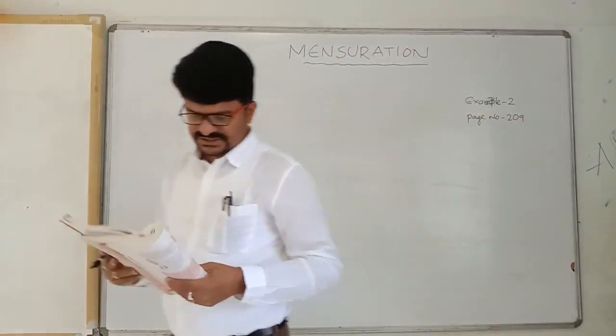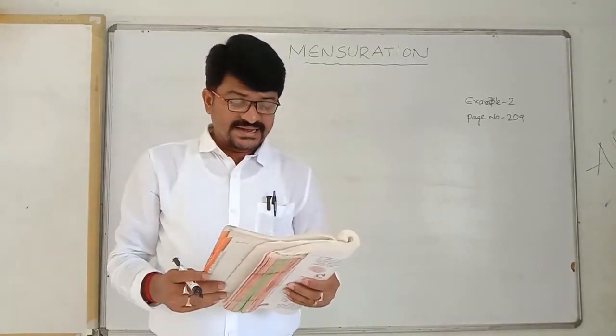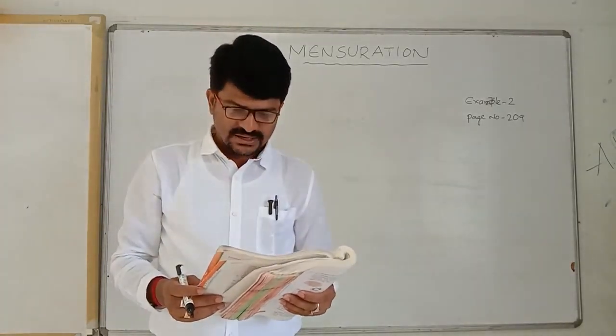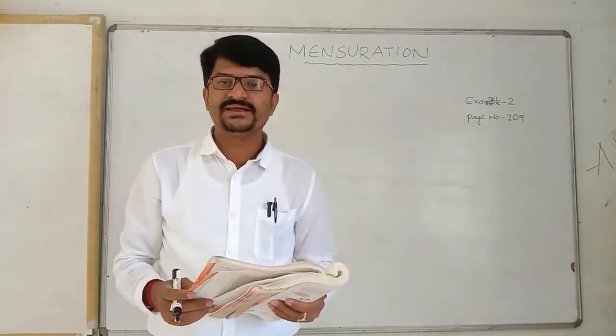I'll read the question first. Look here, listen to me carefully, all of you. An athlete takes 10 rounds of a rectangular park, 50 meters long and 25 meters wide. Find the total distance covered by him.